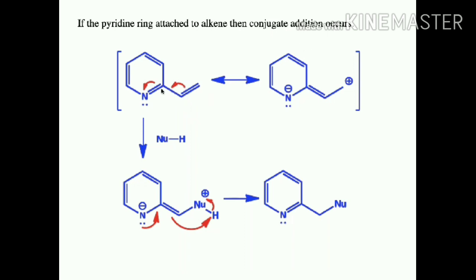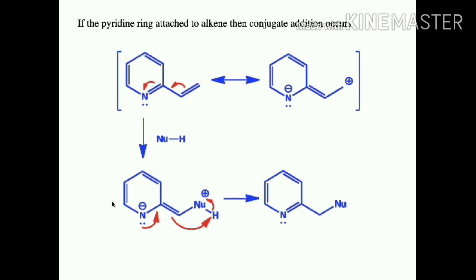This is how it is going to react with the nucleophile. This double bond is in conjugation, so this double bond will shift, the nitrogen is going to take the negative charge, and there will be formation of positive charge here. Since there is creation of an electrophilic center here, the nucleophile is going to attack at this carbon.